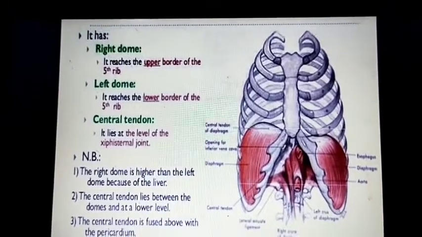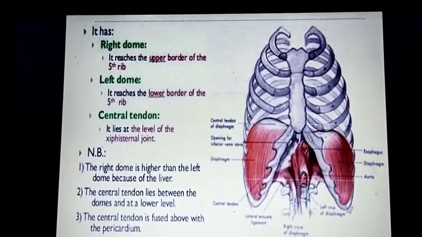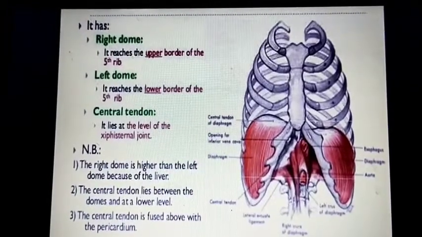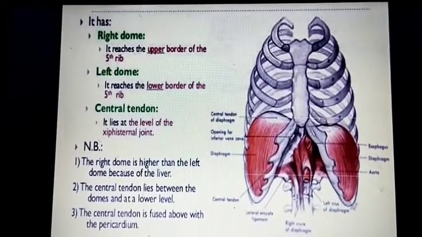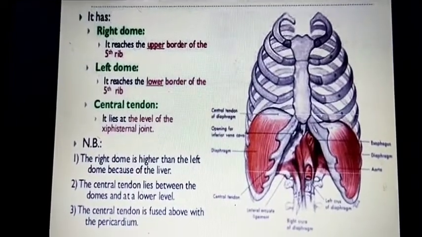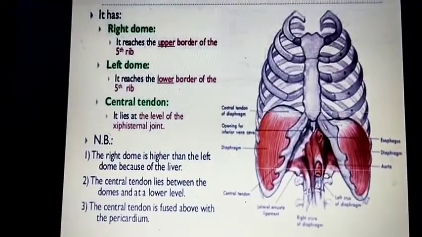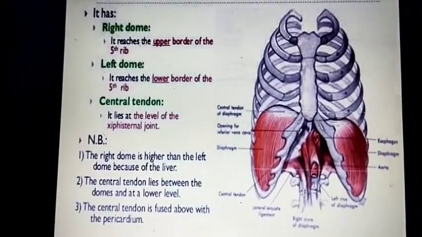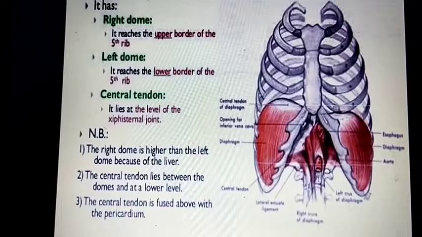The liver is large and big in size. Because of that, the right dome is present a little bit above, at the upper border of the fifth rib, and the left dome is at the lower border of the fifth rib.